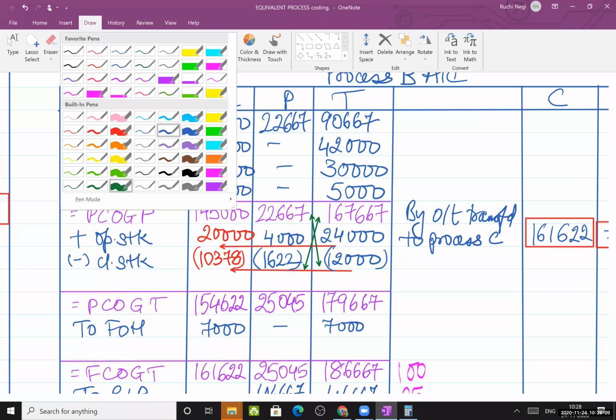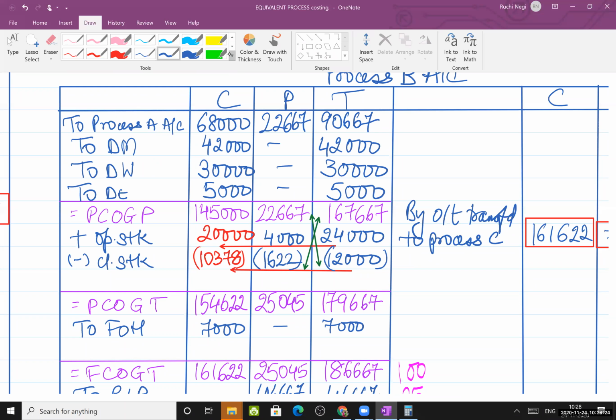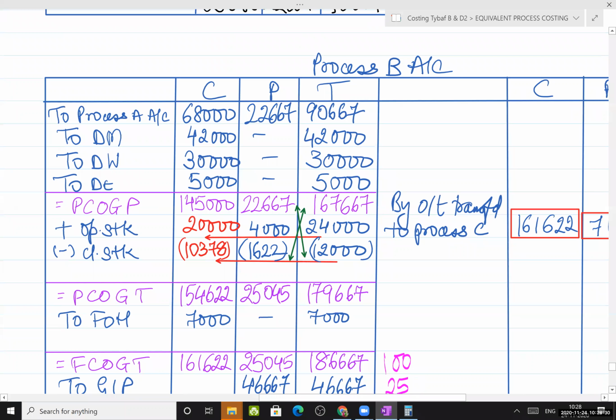Then what will you get when you add them? Add these things, prime cost of goods produced.